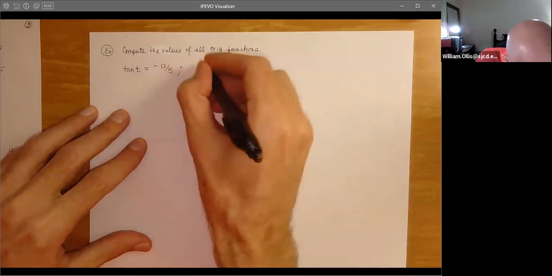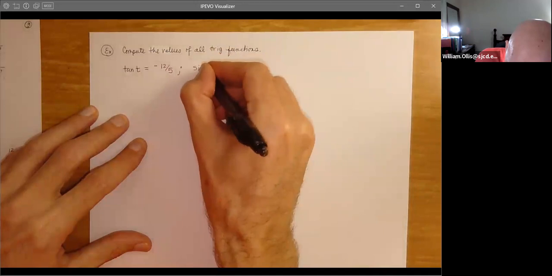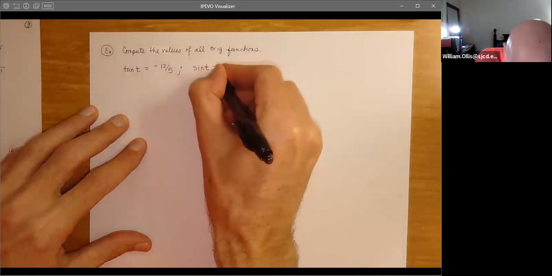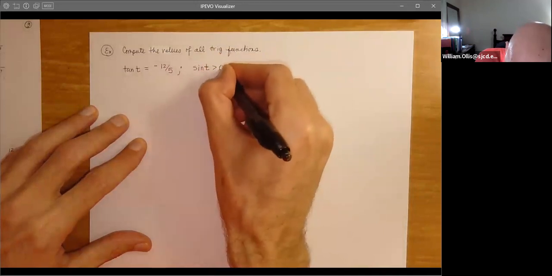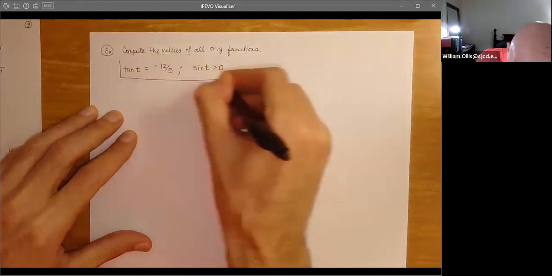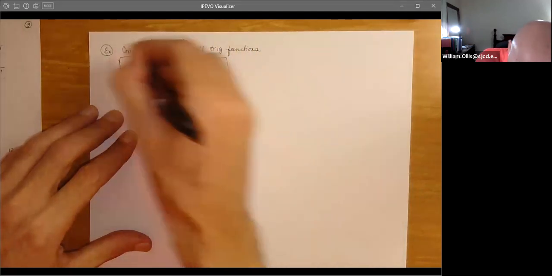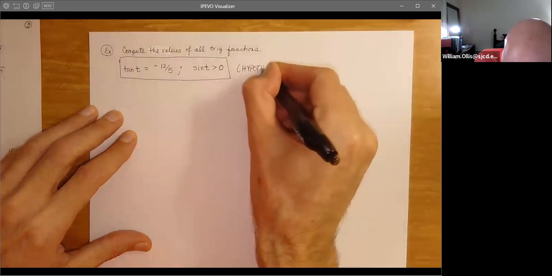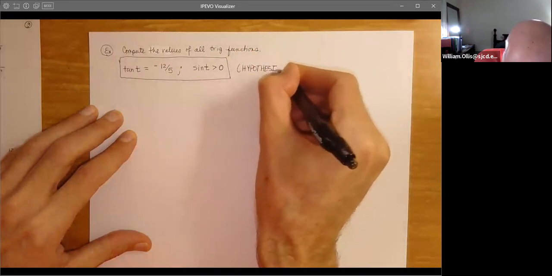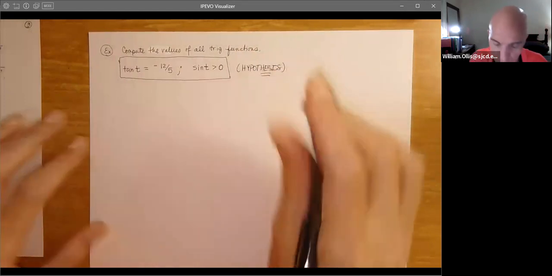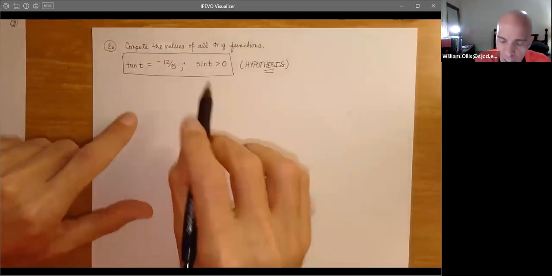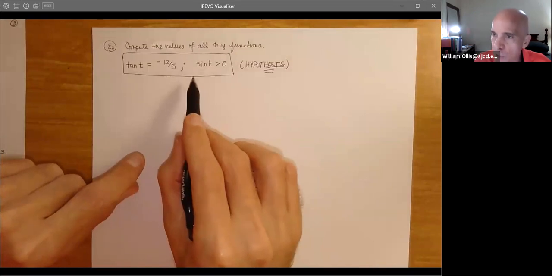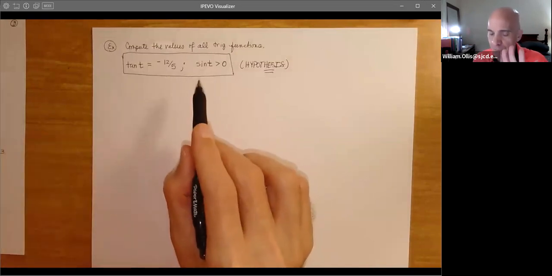And we're given that sine of t is positive. Okay? This is the hypothesis. So if we're given this, then we should be able to get the other 5 values.